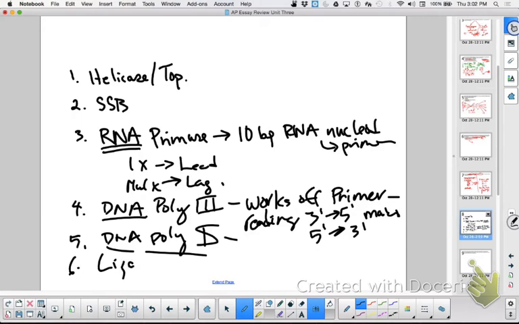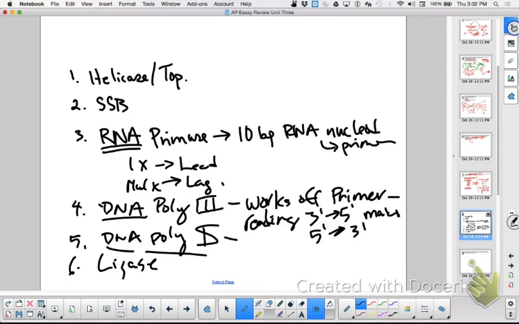Ligase. Now, you have the strands held together by the hydrogen bonds, right? But you need to seal the phosphates and sugars wherever you took primer out and replaced it with DNA. You've got to get the phosphate sugar backbone sealed together, and that's what the ligase is doing. DNA polymerase 3, when it works off the primer, is building the phosphate sugar backbone.